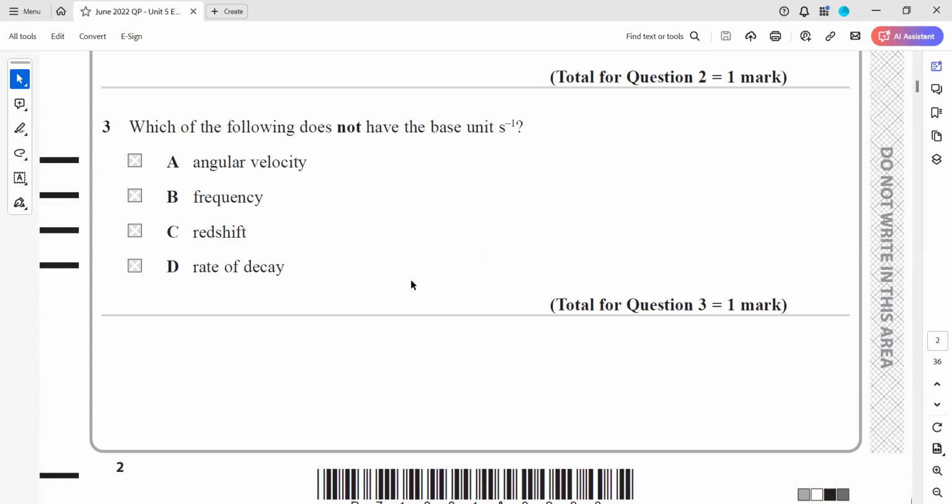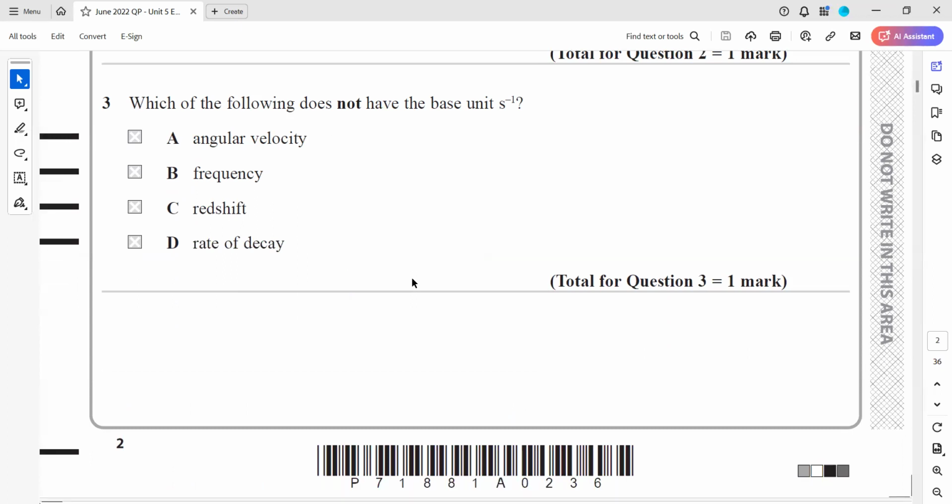Which of the following does not have the base unit second inverse? Angular velocity, redshift. The base unit does not have second inverse. Angular velocity ω is radian per second, or radian second inverse. Frequency is second inverse.